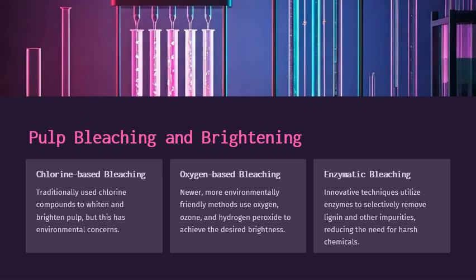Newer, more environmentally friendly methods use oxygen, ozone, and hydrogen peroxide to achieve the desired brightness. Enzymatic bleaching. Innovative techniques utilize enzymes to selectively remove lignin and other impurities, reducing the need for harsh chemicals.